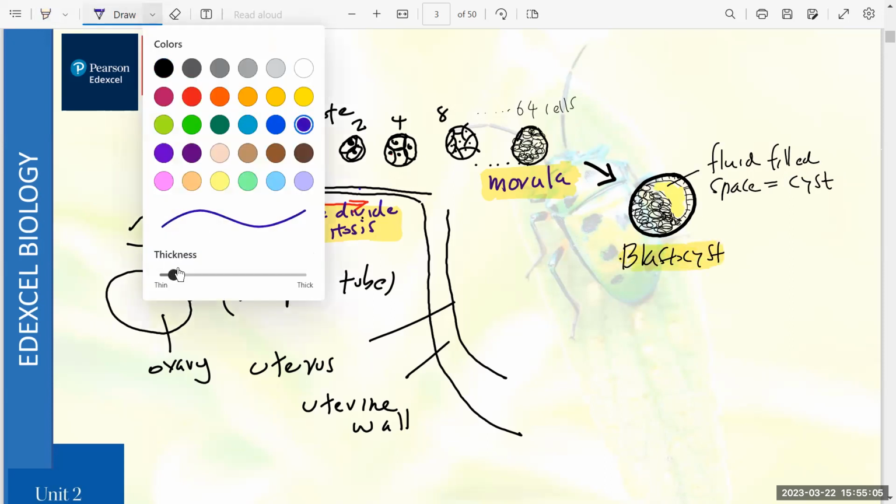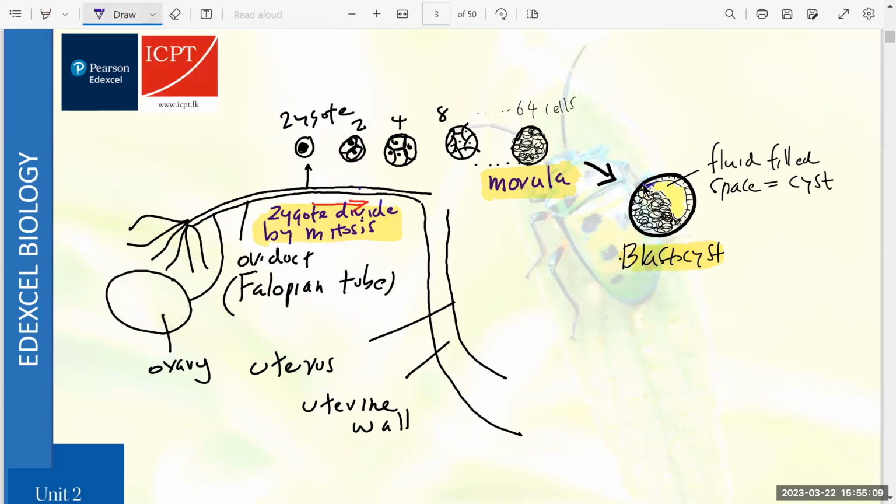Now from the blastocyst, this part, which is blue in color, makes the placenta, and this side makes the embryo.